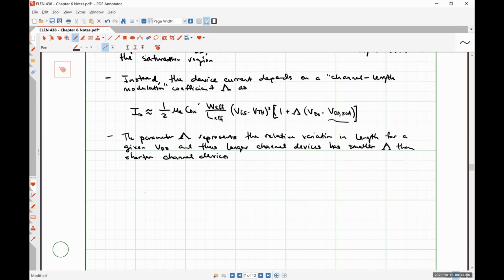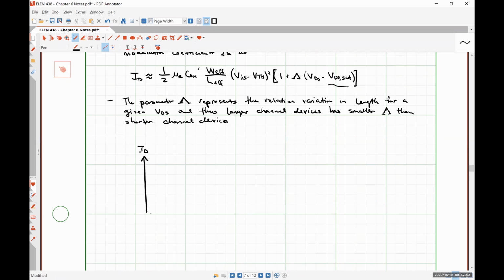So graphically, now let's call this ID, and let's call this VDS. Our current's going to look something like this, right?